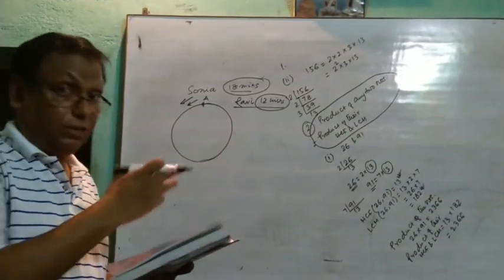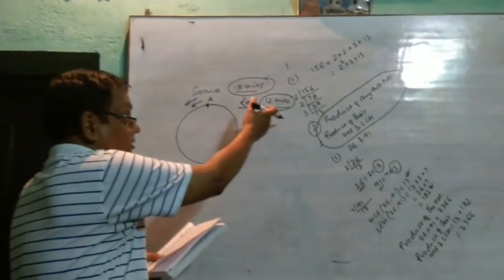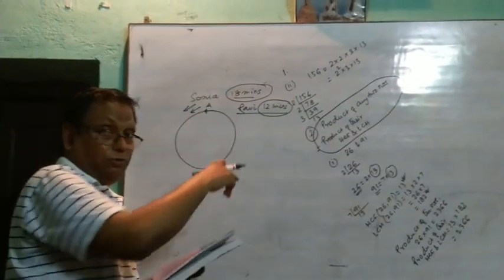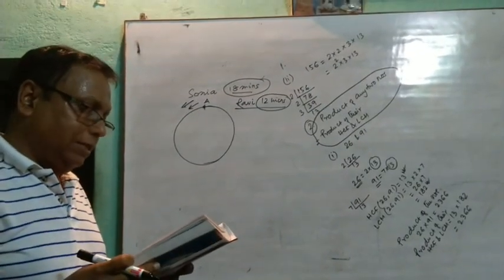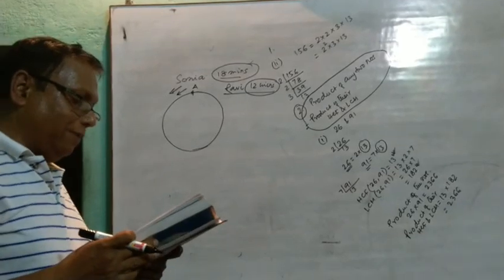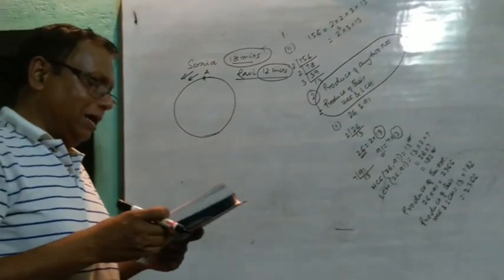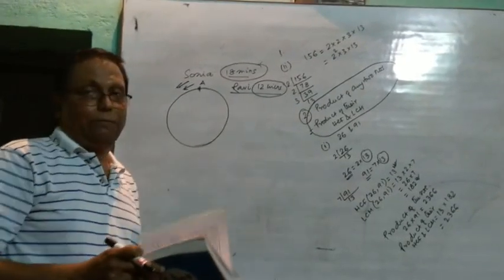Now Ravi is faster. Very clearly you will find from the question that Ravi takes only 12 minutes to complete the revolution, whereas Sonia takes 18 minutes. Suppose they both start at the same point and at the same time and go in the same direction. After how many minutes will they meet again at the starting point?